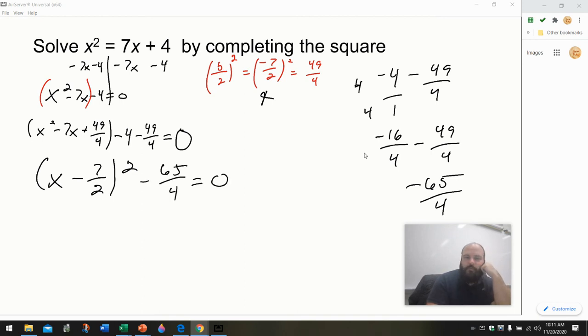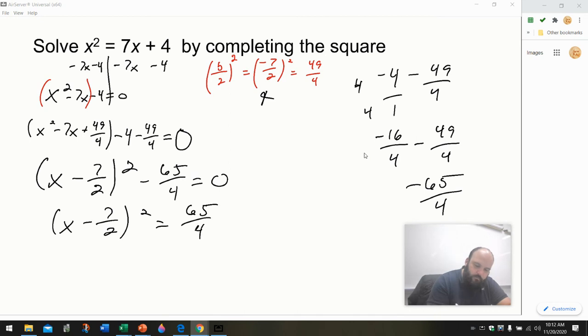Equals 0. Now from there to solve, I'm going to move the 65/4 to the other side. And then I'm going to square root that.